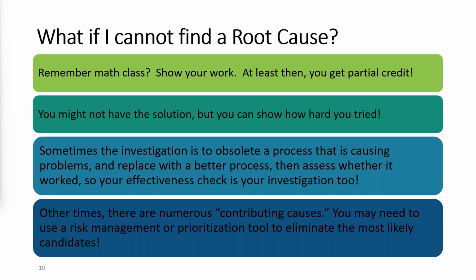Sometimes you get a situation where you have multiple contributing causes, or the perfect storm between two unlikely things that happened coincidentally and caused a problem that may have elevated to a level of risk that could appear to be a systemic problem.